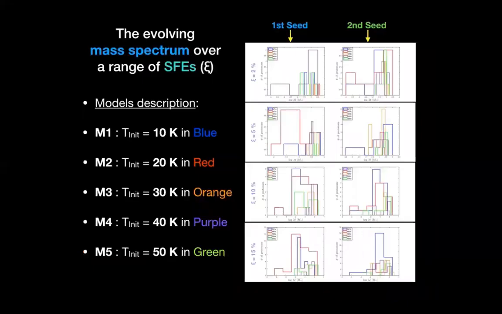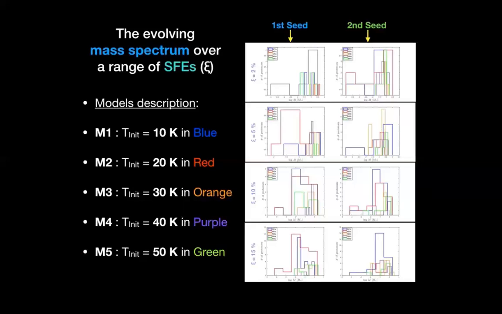So with the help of the star formation efficiencies at 2, 5, 10, and 15%, we analyze the mass spectrum appearing in these star-forming cores. Remember, the colors blue, red, orange, purple, and green are respectively the 10, 20, 30, 40, 50 Kelvin gas clouds.